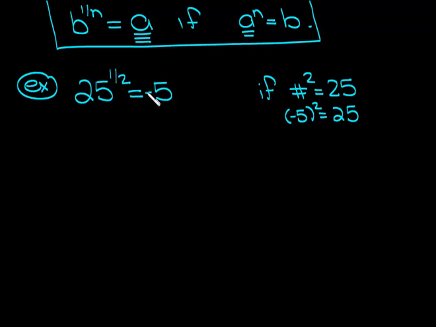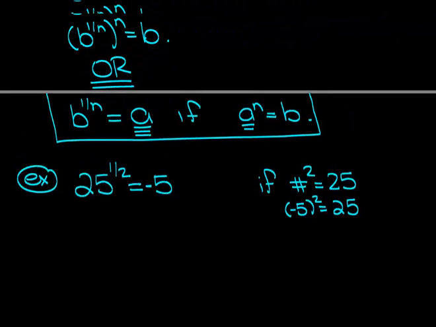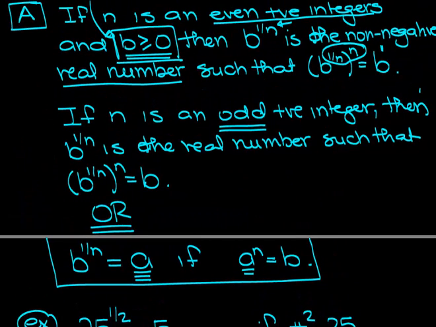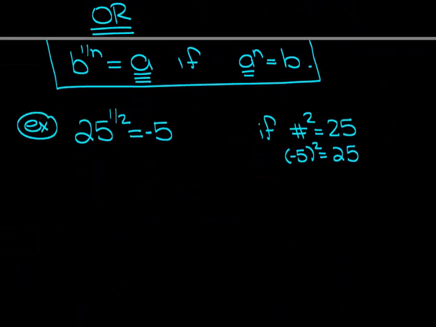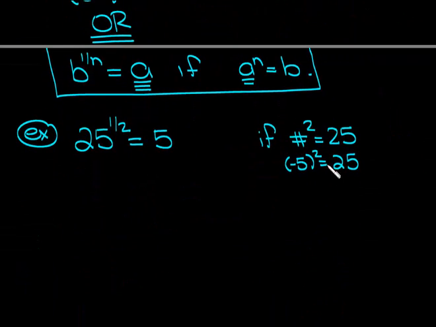So you might be tempted to put minus 5, but remember what our definition said, that if b is greater than 0 and n is even, in this case n was 2, then b to the 1 over n is a non-negative real number. That means it cannot be negative. That's why we cannot have minus 5, even though minus 5 squared is equal to 25. When n is even, we cannot have that.